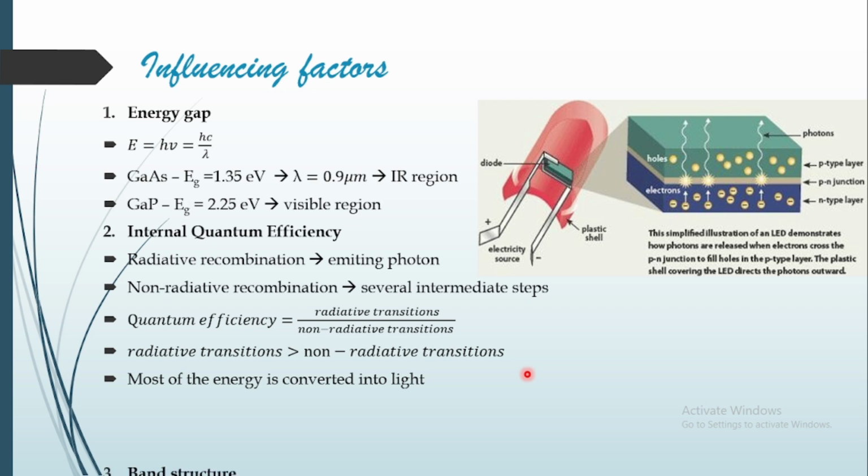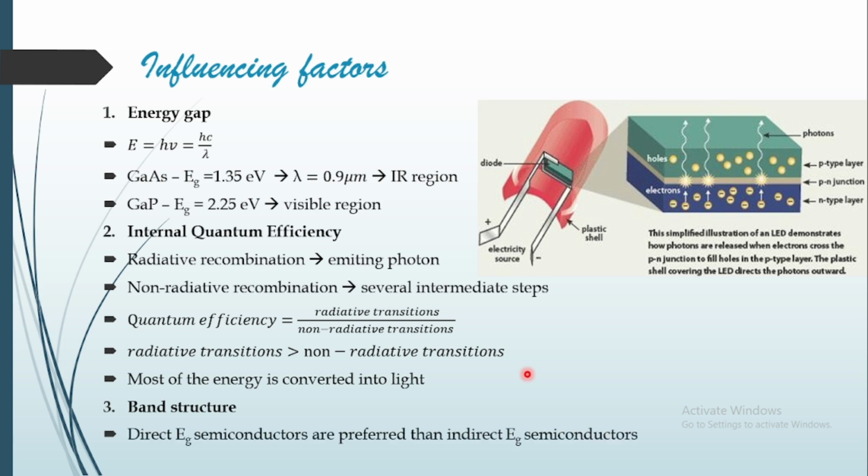Then moving to the band structure, and this structure again influences the quantum efficiency. That is, radiative recombination and excitation are strongest in direct band gap semiconductors, for example, gallium arsenide.